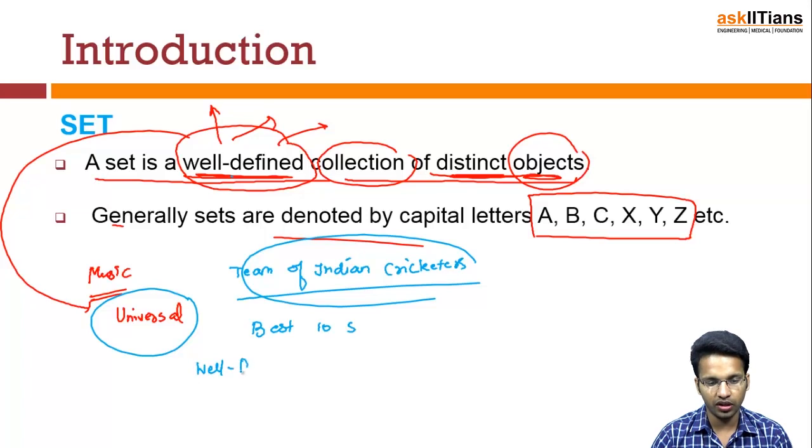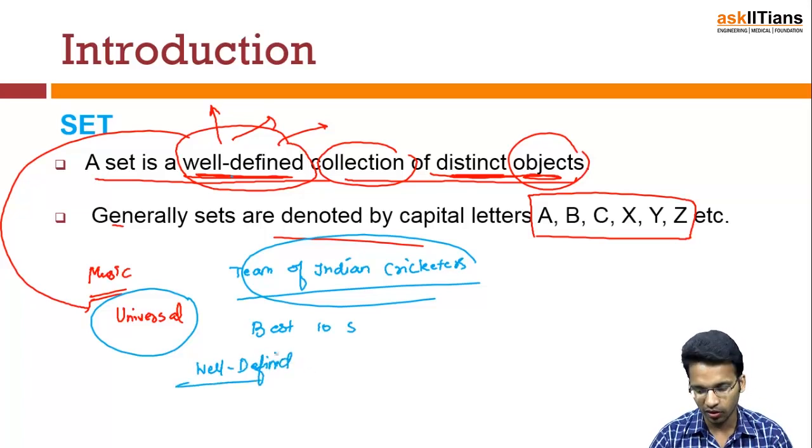So whenever you are classifying this, this is again a very preliminary thing, some of you might be already knowing, but this is just to clear that when somebody is asking you whether this is a set or not, the question that should immediately come to your mind is: if I ask the same question to another person, will he be giving the same answer?